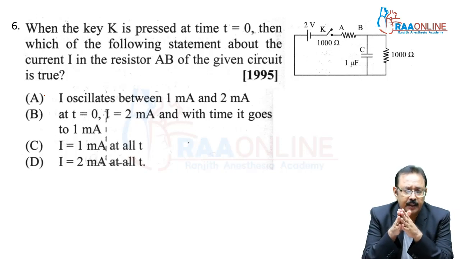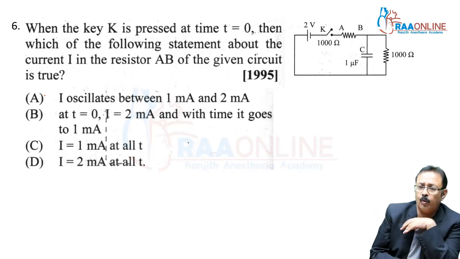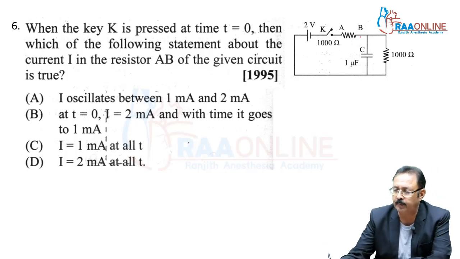Charging starts at that time. So at t is equals to 0, what will happen? Whole current will pass through capacitor because it is in charging procedure.